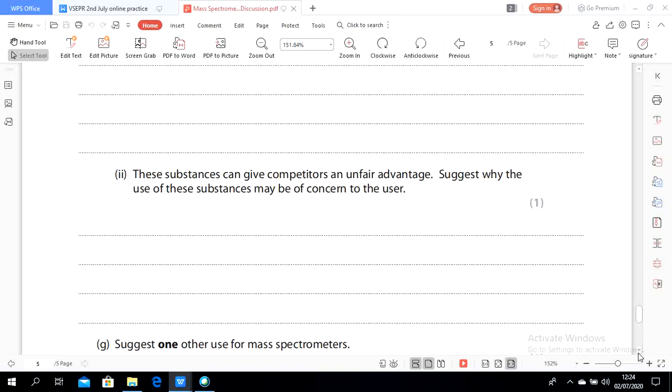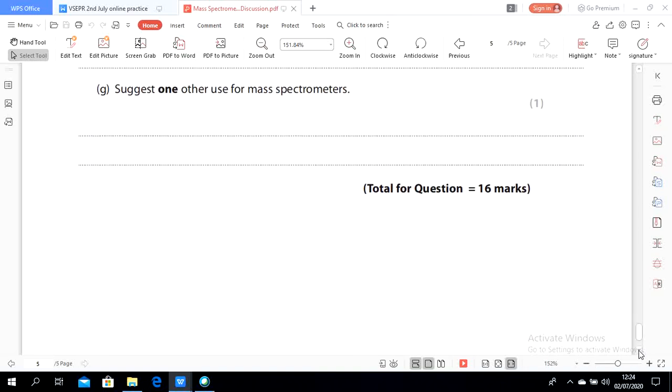Suggest one other use of the mass spectrometer, the last question. Another use of the mass spectrometer is for calculation of the relative atomic mass or relative molecular mass, and also for pharmaceutical medicine, for carbon dating, and for airport security.